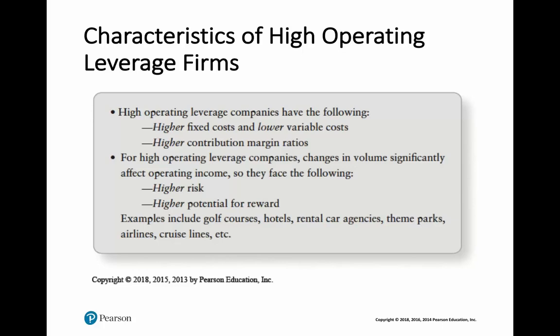If we think about an airline or a hotel or a cruise line, these are all businesses that have significant fixed costs. They had to buy the airplane, they had to buy the hotel, they bought the boat or they built the boat. So they have this significant fixed cost, and for the most part they're going to have all those costs whether or not they have one guest or one passenger on the cruise line or on the airplane.